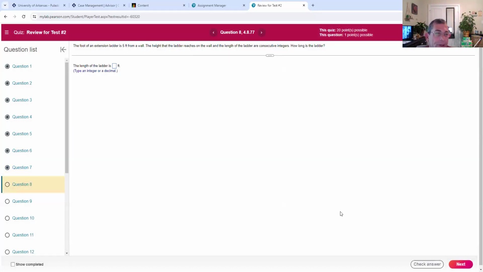Look at this. Here comes y'all's favorite question with the ladder. So let's just get the basics. The foot of an extension ladder is 5 feet from a wall.